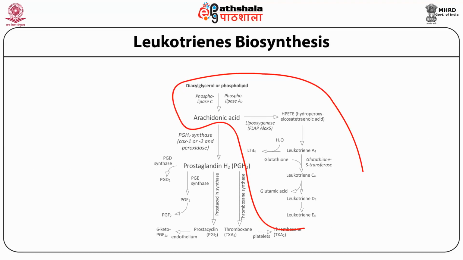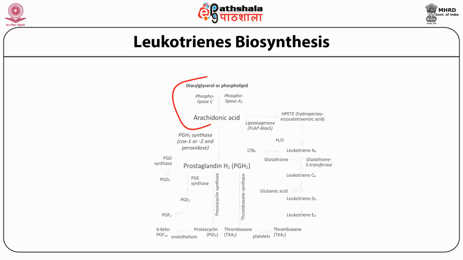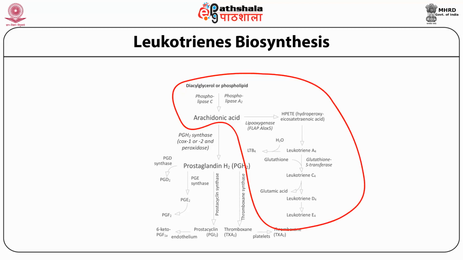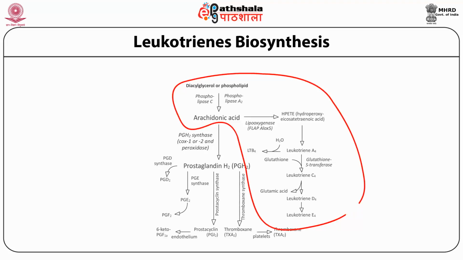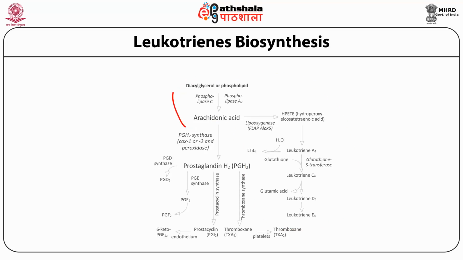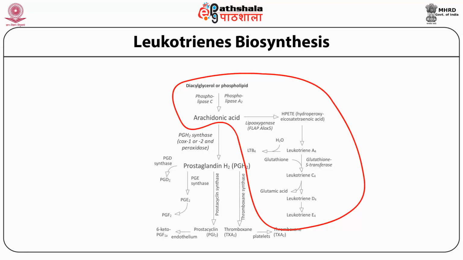In the monocytes and neutrophils, the leukotriene A4 gets converted to the dihydroxy acid leukotriene LTB4 by LTA4 hydrolase.